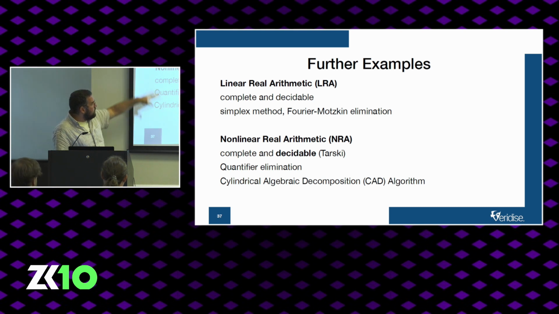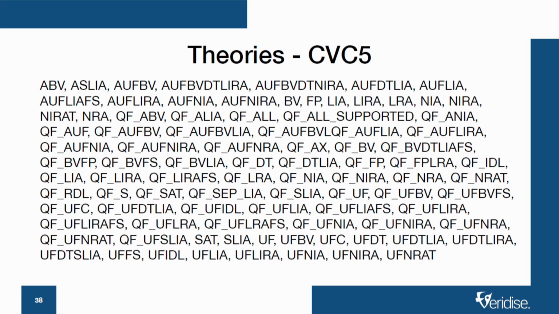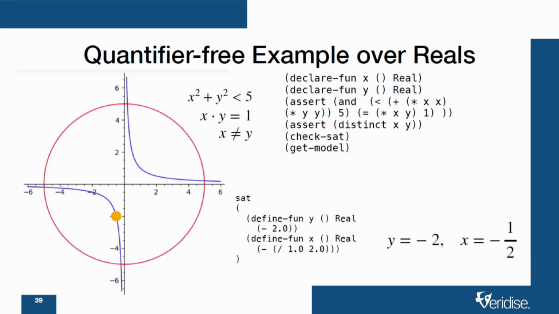This theory goes all the way back to Tarski, and currently the fastest algorithms are the CAD algorithms. Of course, there are plenty of theories you could be looking at. This is just the list of theories that you can use in the solver CVC5.